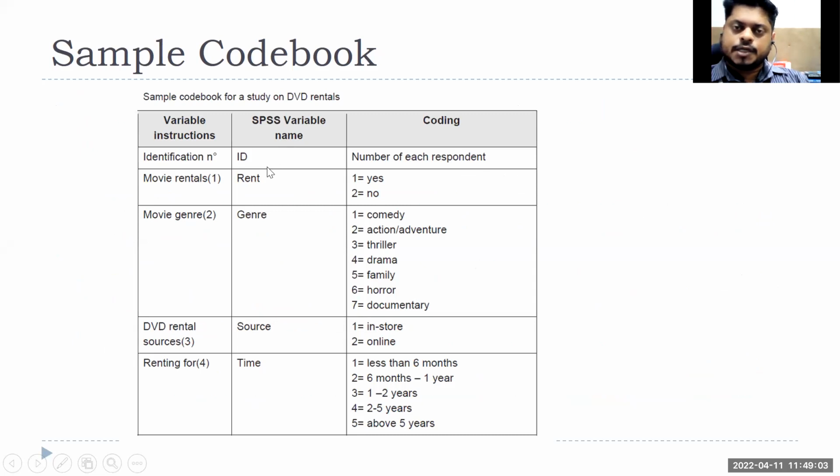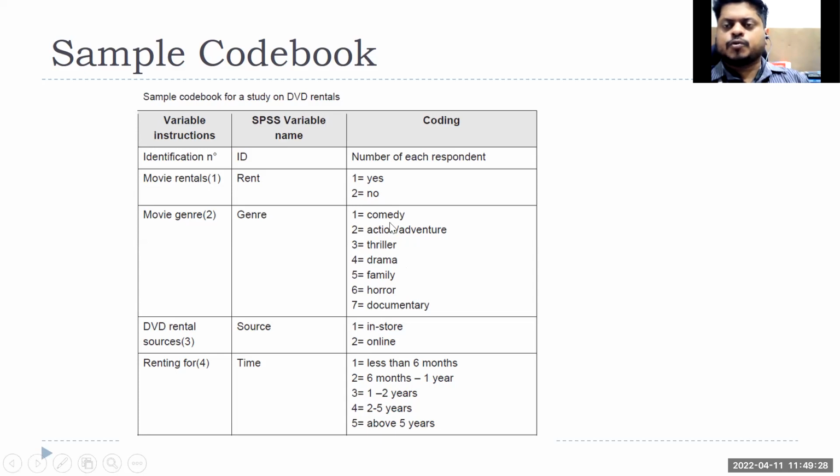What is that variable name in SPSS and how is it coded? Movie rentals, rent, because shorter names are preferred. Then how am I coding it? Somebody who has rented movies frequently in DVD format: yes is 1, two means no. That doesn't mean two is better than yes. It is only how you are identifying yes and how you are representing no in your SPSS or Excel, right?